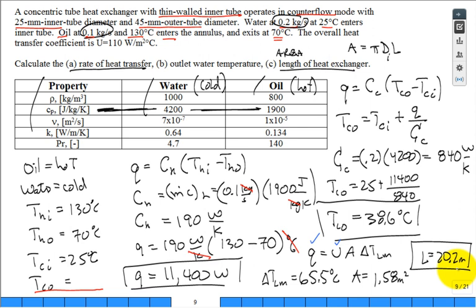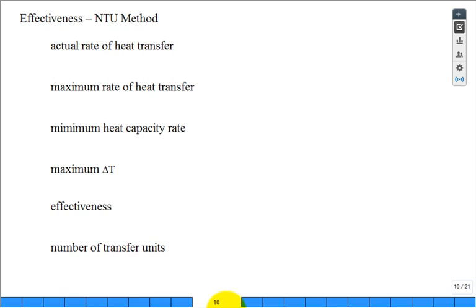All right. Now let's move to the other method. Sorry, did everybody get the notes on this? All right. So let's move to the effectiveness NTU method. Well, let's just sort of put the pieces of the puzzle down. The actual rate of heat transfer. What symbol is the actual rate of heat transfer occurring in our heat exchanger?